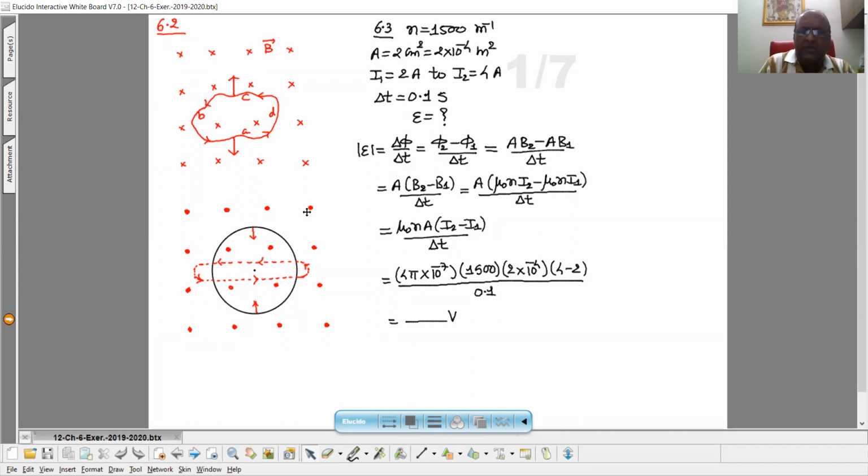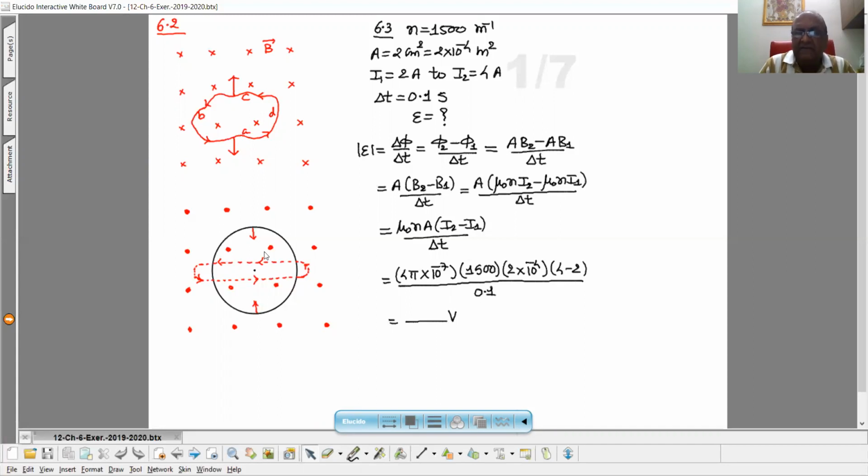Just logically you can give the answer. In this particular field, through this wire, if the current is in anti-clockwise direction, then the force is outward. Now, if current is in clockwise direction, then force will be inward. Very simply you can say.